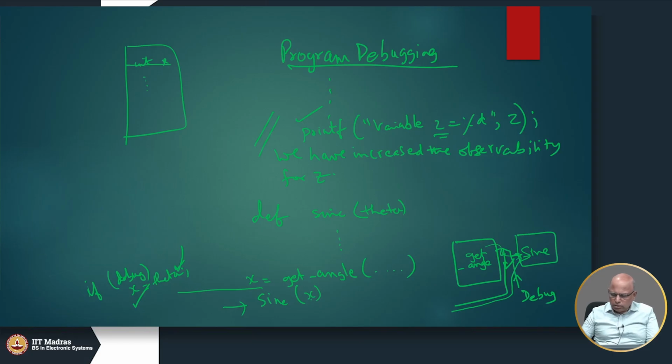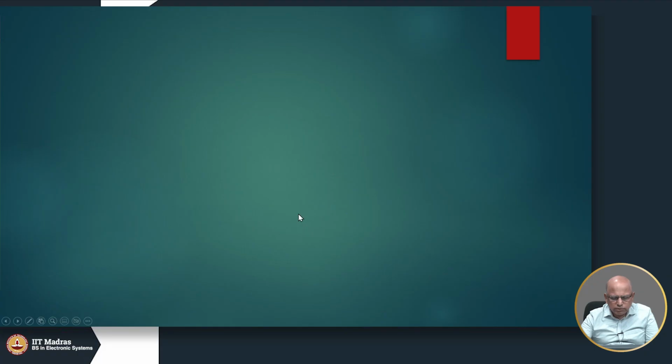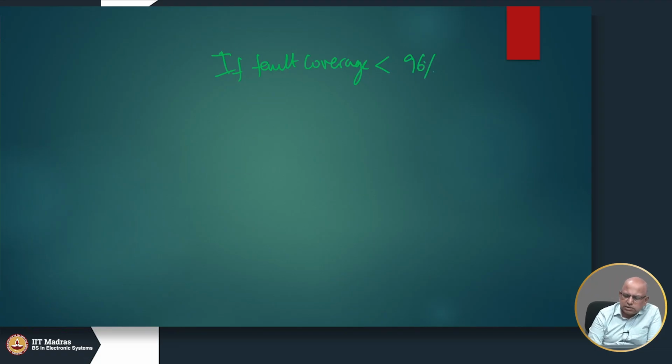So, when the fault coverage becomes very bad, if fault coverage is less than 96 or whatever, suppose your company is asking you to get 96% coverage and you are not getting 96% coverage, you have to start looking at how to improve the coverage, right.